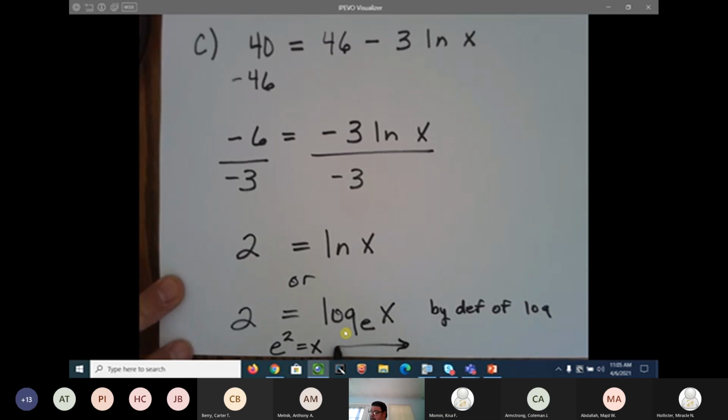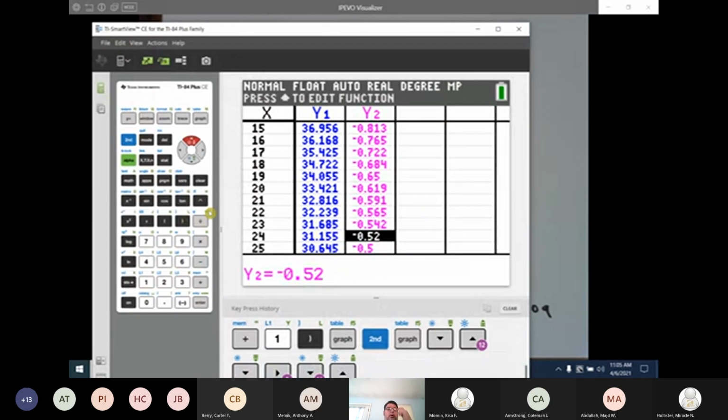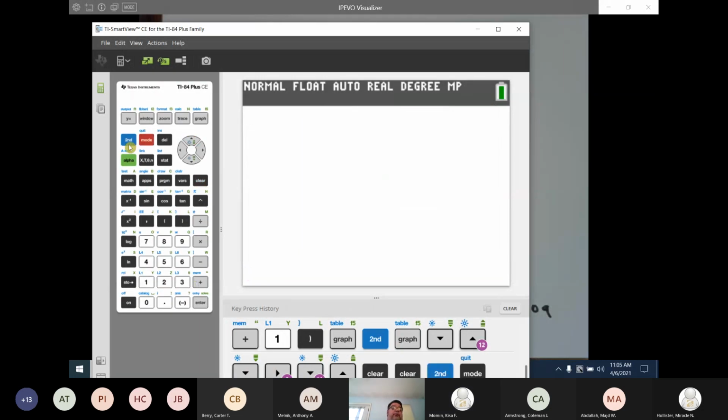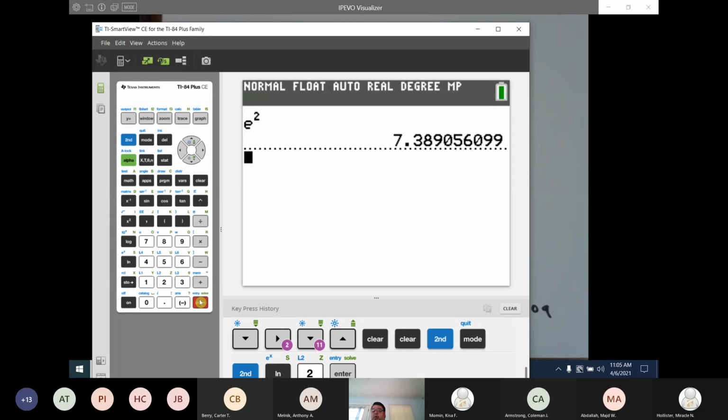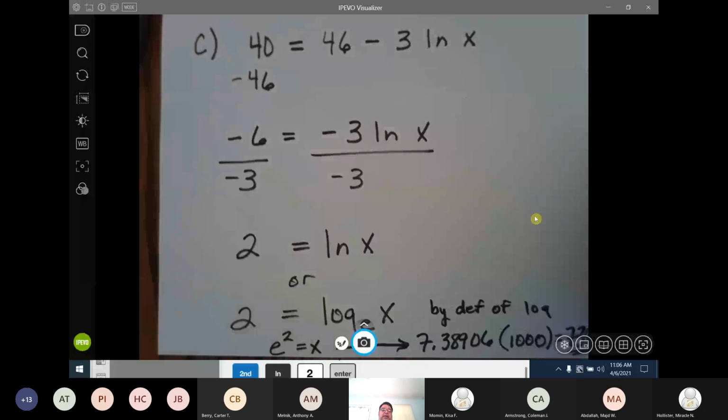And that's going to give us, let's go e to the second on our calculator. Second natural log of 2, 7.38906, and they're going to ask you to multiply that by 1,000, and that's going to be 7389. $73.89. There you go.